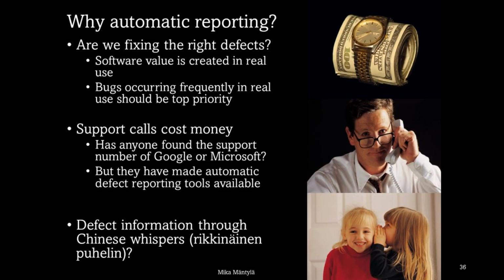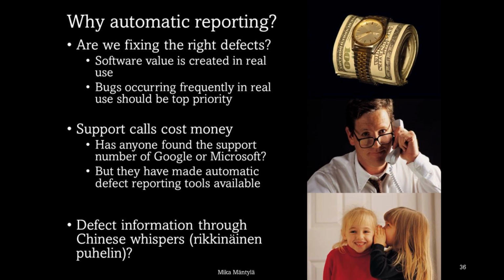Why is automatic defect reporting so important? First, it ensures we're fixing the right defects. Software's value is created during real-world use, so prioritizing bugs that frequently occur in actual usage should be a top priority. Second, support calls or emails cost money. Have you ever found the support number for Google or Microsoft?